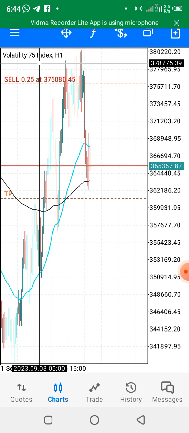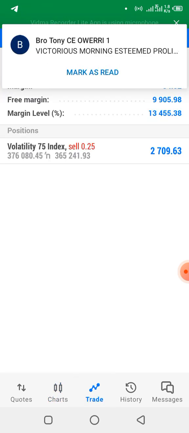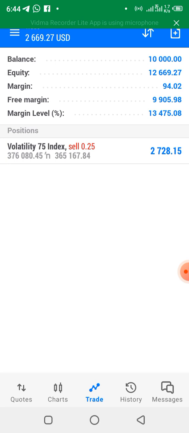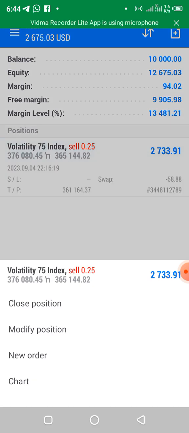So how do we input this as stop loss? Remember, you can set these things even before you place your trade. But even after placing your trade, you can still come and modify your trade and set them. And even if you set them and you want to change them, you can still come and modify them. Are we together? So let's modify the trade and put our stop loss. Modify position.